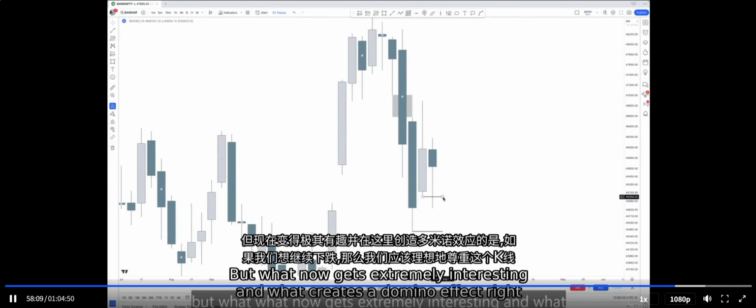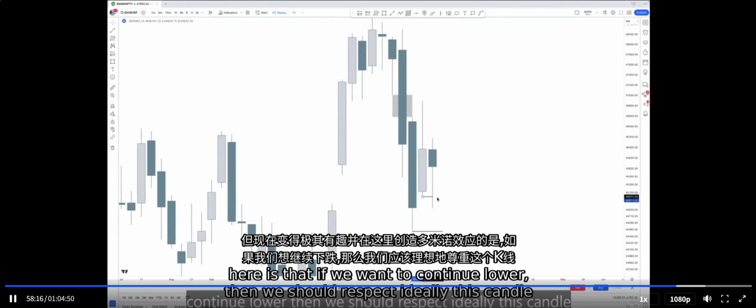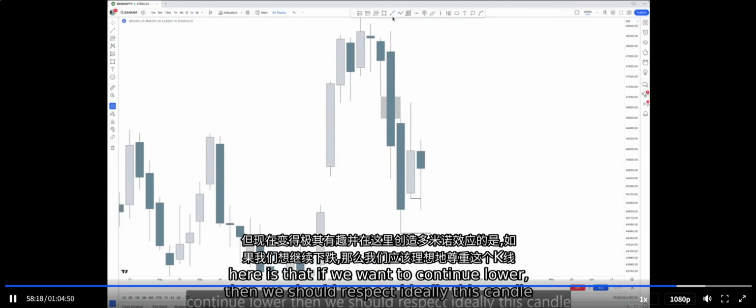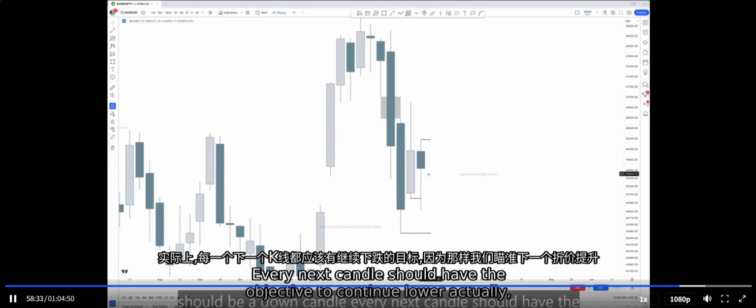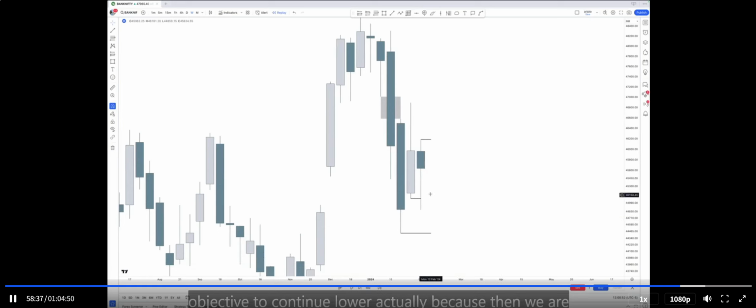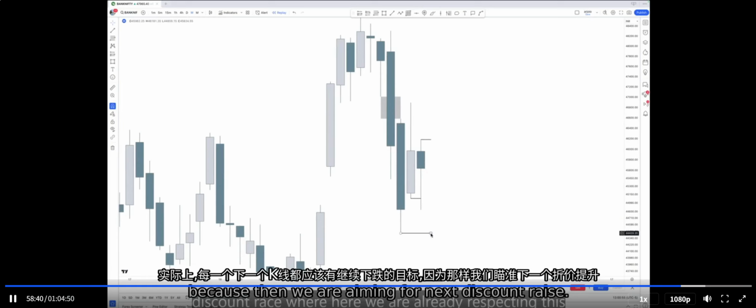But what now gets extremely interesting and what creates a domino effect right here is that if we want to continue lower, then we should ideally respect this candle right there. Why? Because this right now is the follow-through of that rejection. What we talked about again: the first candle rejects, the second candle should be a down candle. Every next candle should have the objective to continue lower, because then we are aiming for the next discount array.